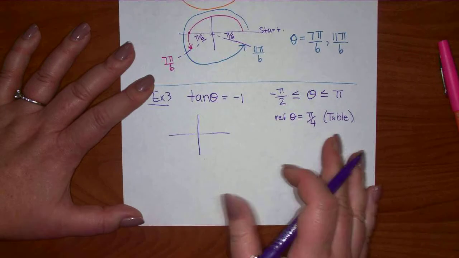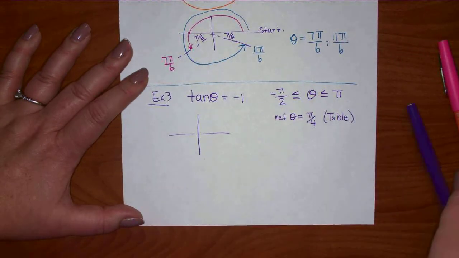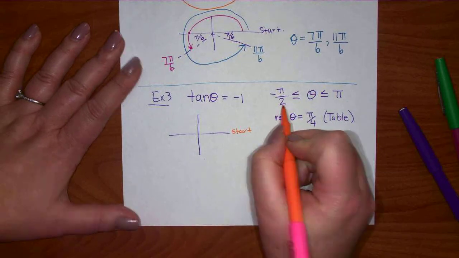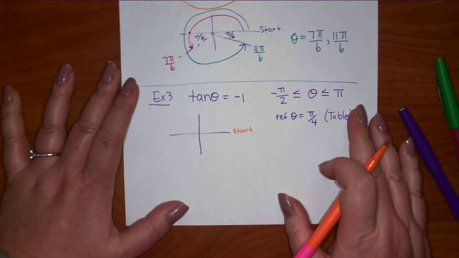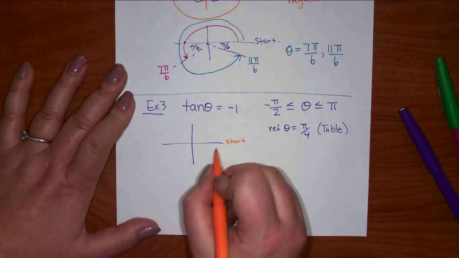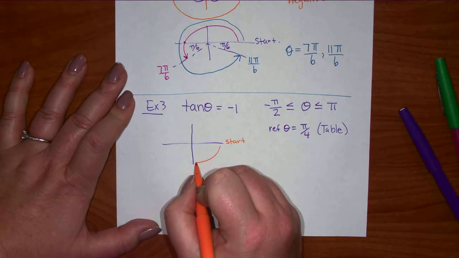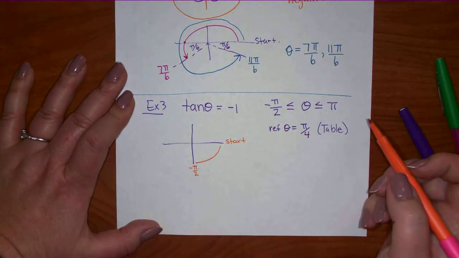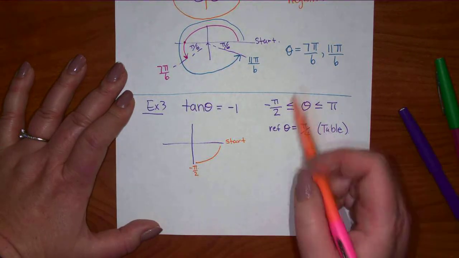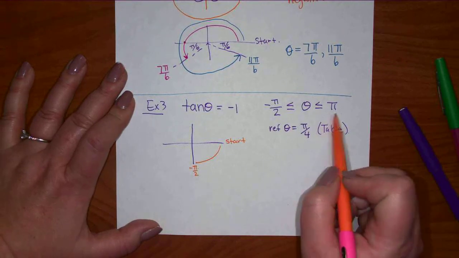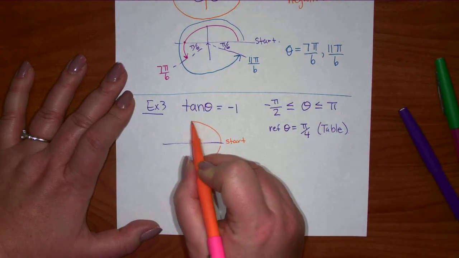So which quadrants are these? So here's our start. Where is negative pi over 2? How do you get to negative pi over 2 from the start? Negative goes down, so it's here. So we want that quadrant. And then where do we want to go in the other direction? All the way, this is positive, all the way to pi.